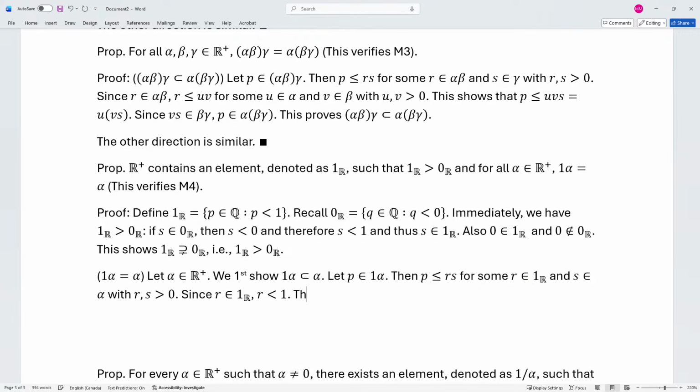Therefore P is less than or equal to R times S, which is strictly less than 1 times S, which is equal to S. So S comes from alpha and P is less than S. By the property of a cut, everything to the left of S is in alpha.